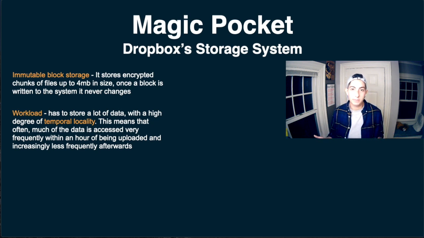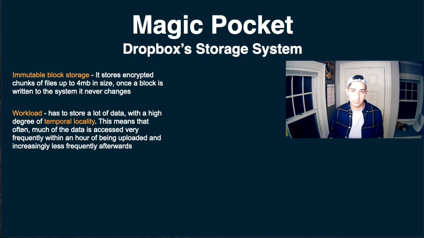Why is this important? Because with storage, we often talk about hot storage, something you're going to need to access relatively frequently, versus cold storage, something that can be stored away because we're not accessing it as frequently. In Dropbox's system, what they've found is that often a file has to be accessed a lot within a certain time period, and then increasingly less frequently as time goes on.